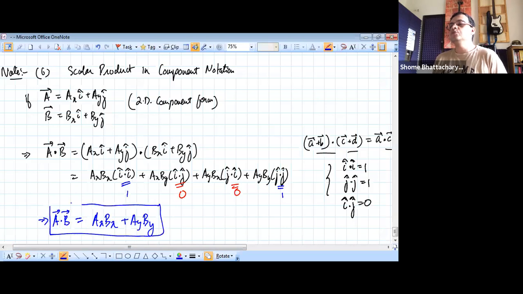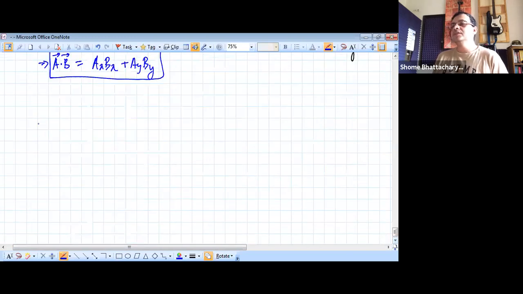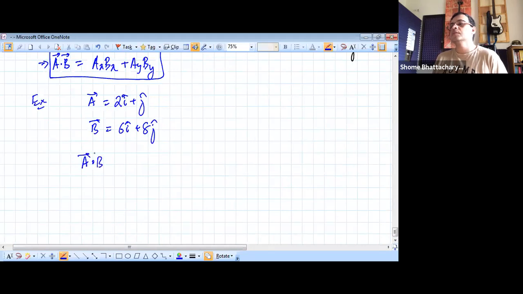Okay. So before you note this down, let's quickly see a numerical example also. So as a numerical example, suppose I have the vector A, which is 2i cap plus j cap. I have a vector B, which is 6i cap plus 8j cap. Okay. And I ask you what is A dot B. So we'll just use the formula.